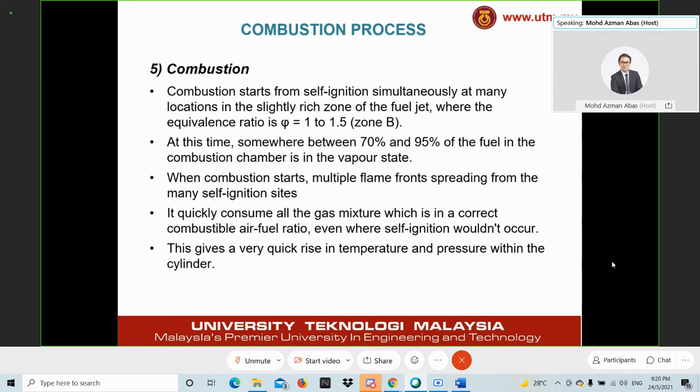When combustion starts, multiple flame fronts spread from the many self-ignition sites and quickly consume all the gas mixture which is in the correct combustible air-fuel ratio, even where self-ignition wouldn't occur. This gives a very quick rise in temperature and pressure within the cylinder during the combustion phase.